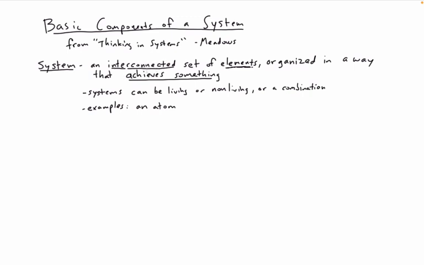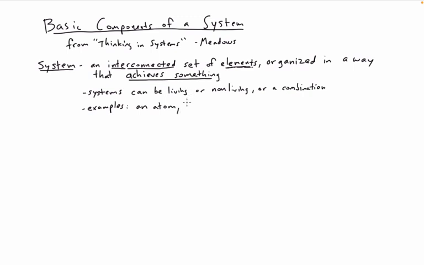So the different parts of the atom are interacting with each other. And they achieve something. There are probably different ways to look at this, but one thing they achieve is that together they form a basic building block of the universe, matter. So an atom is one example.